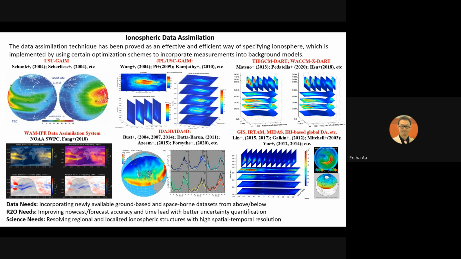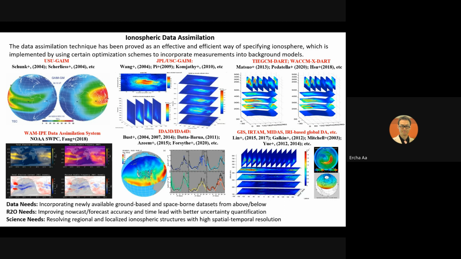So ionospheric data assimilation systems can be classified on the basis of the background models. Some systems use theoretical background models, like the GAIM developed by Utah State University, and the GAIM developed collectively by JPL and the University of Southern California. The theoretical background has the merit of providing physics-based forecasting, which is very good.